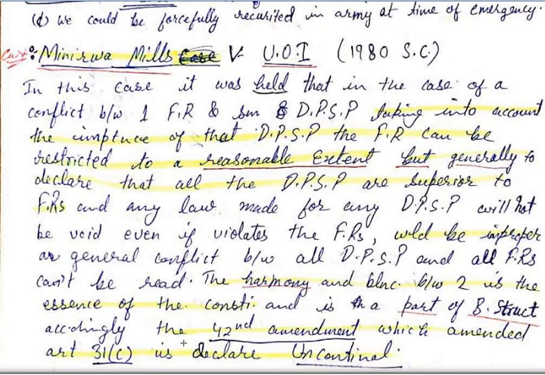Accordingly, the 42nd Amendment, which amended Article 31C, was declared to be unconstitutional.